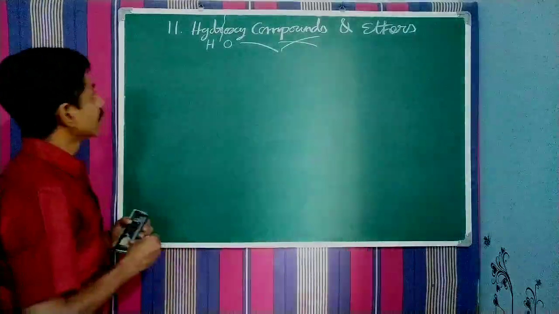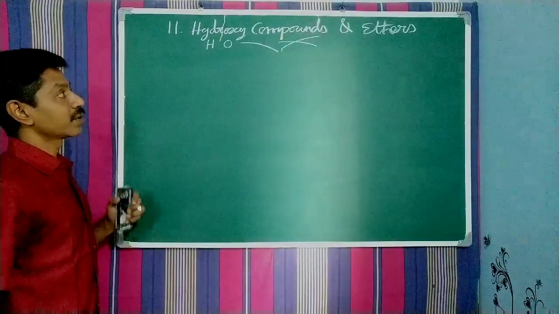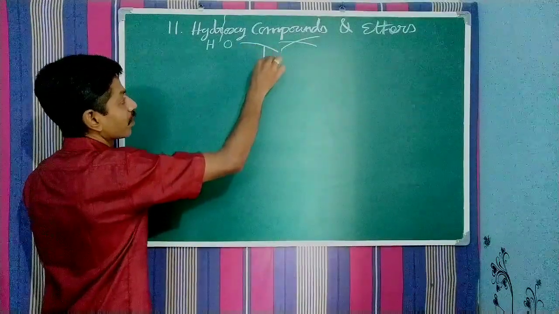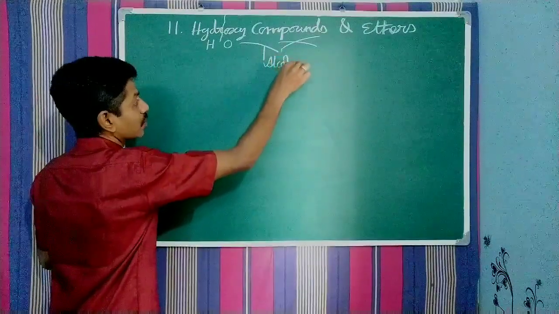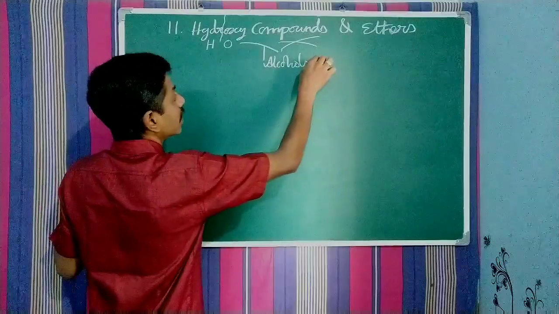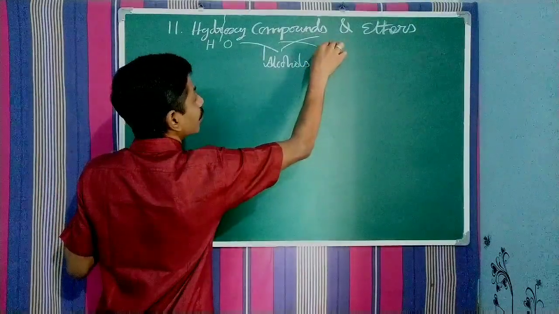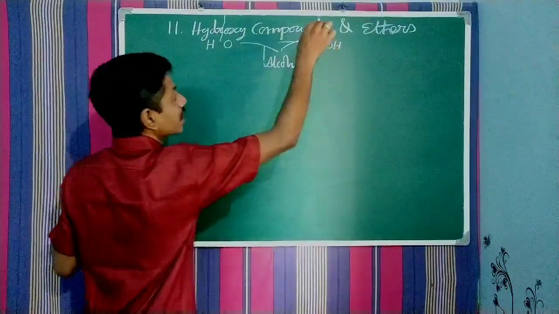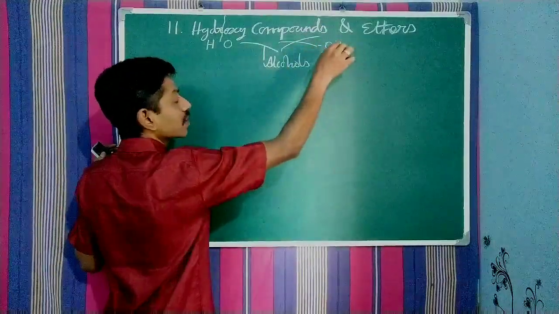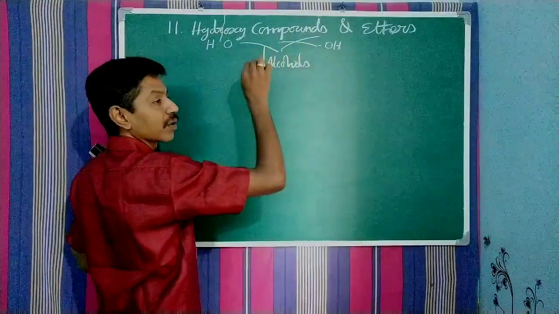Next, when we are talking about hydroxy compounds, as I told you, these compounds can be called alcohols too. And now there is a big question for some of you. You said, okay sir, OH, right? OH is hydrogen and oxygen, hydroxy, or alcohol, fine.